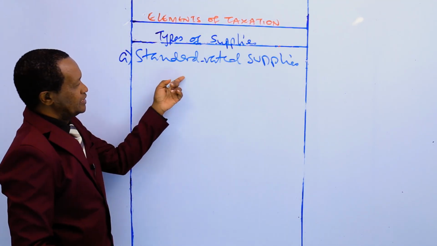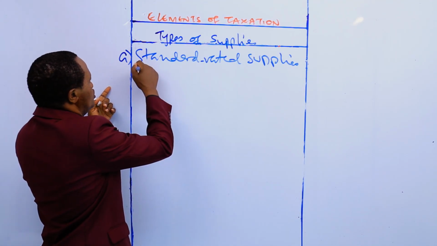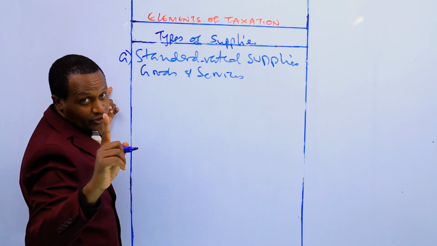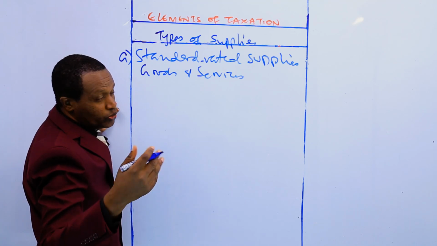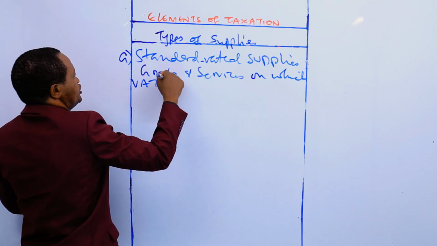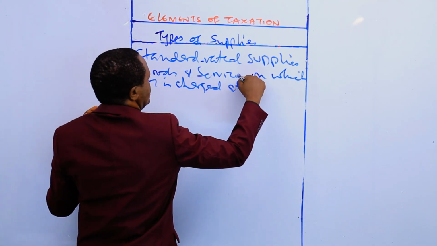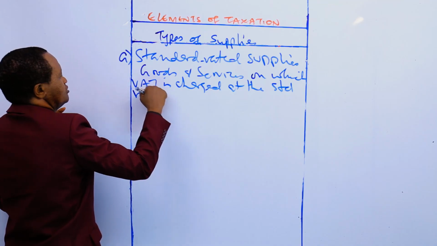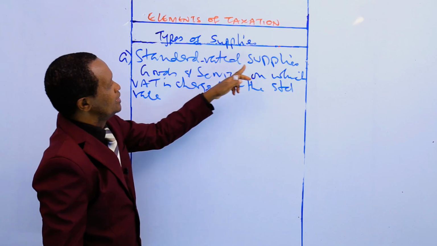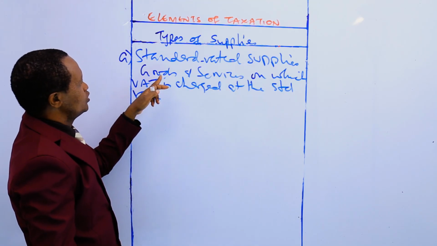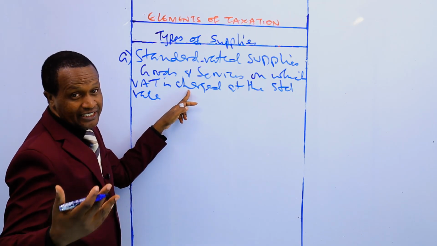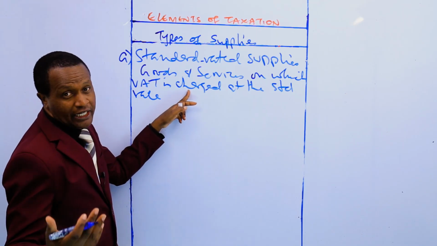So supplies are goods or services, and standard rated supplies refer to goods and services on which VAT is charged at the standard rate prescribed by law.